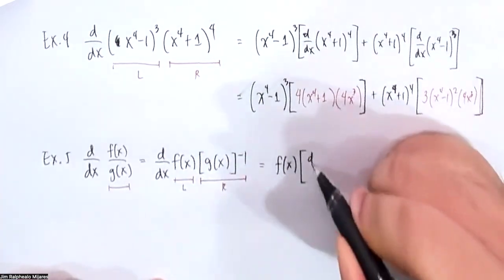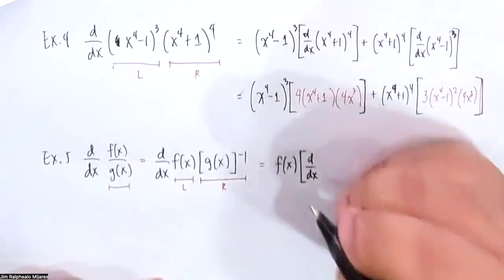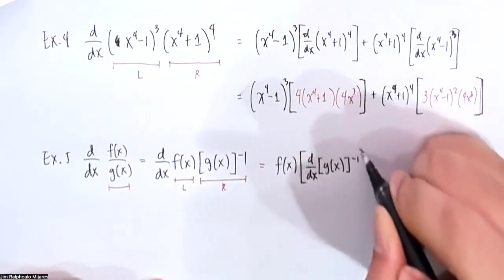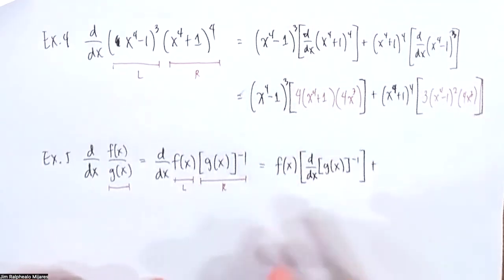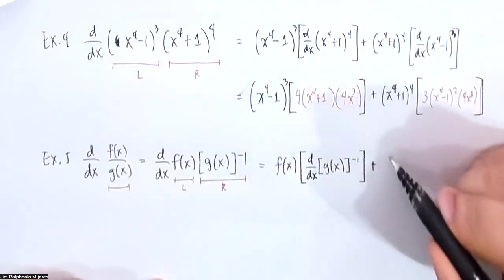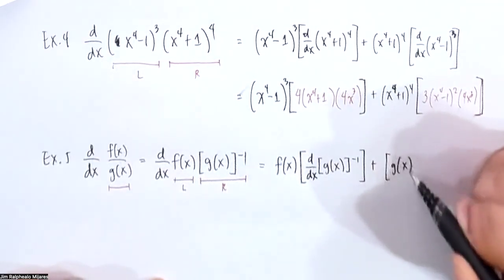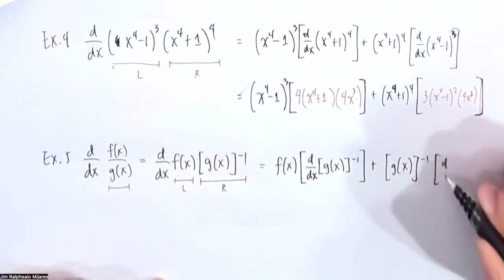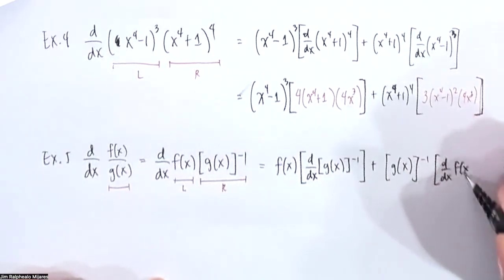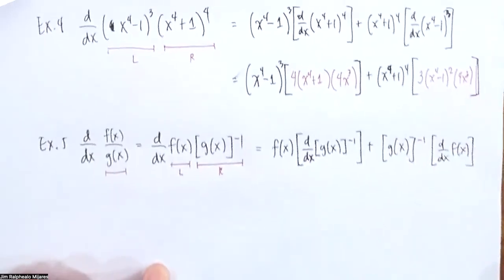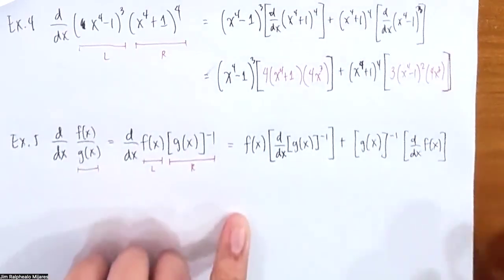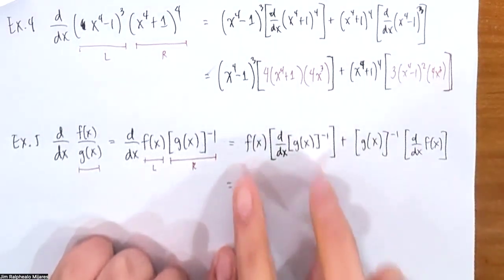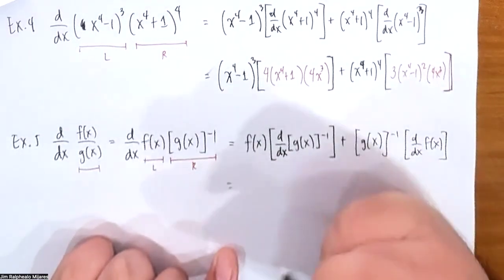Okay? d/dx of g of x to the negative 1, plus right, g of x to the negative 1, d left, derivative of f of x. Okay? All right. This is just the product rule. Then we have something here.